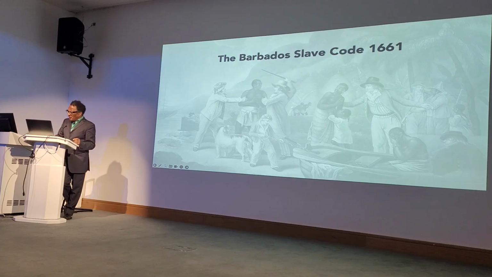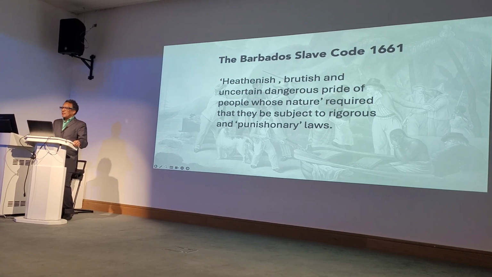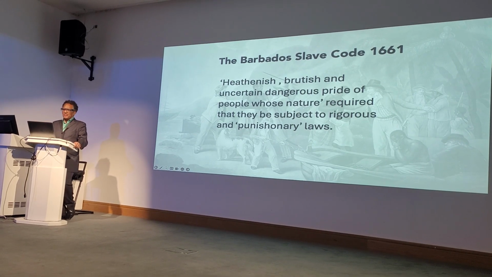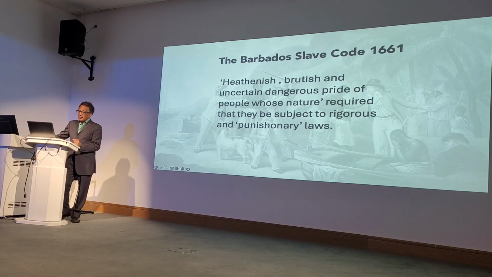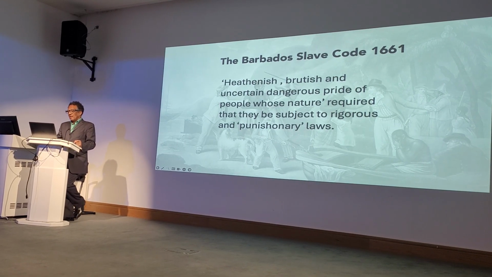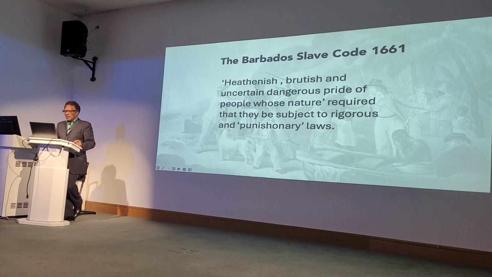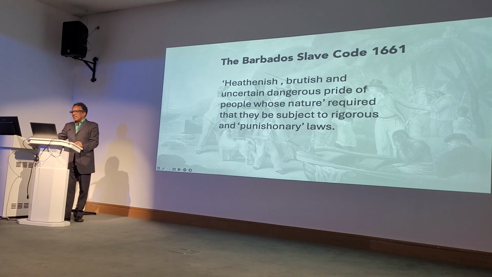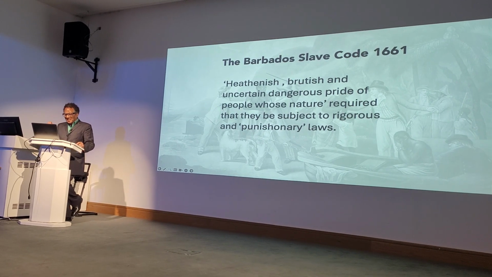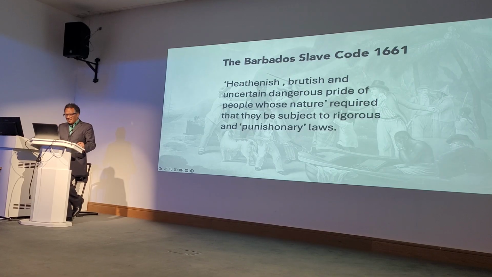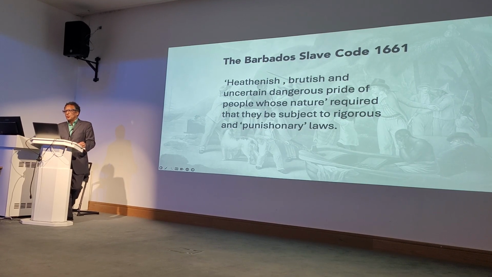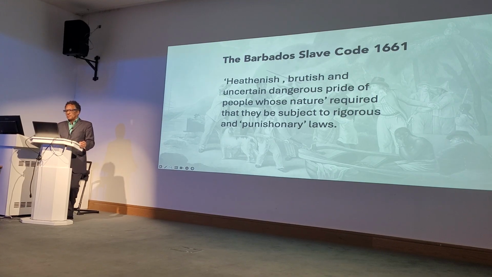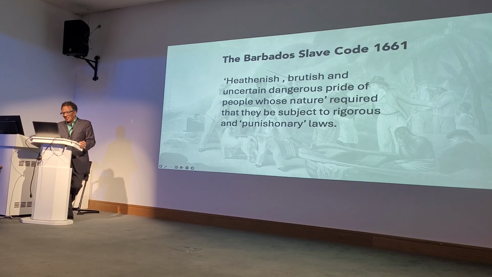But at the same time, Britain wrote the most heinous, the most brutal slave code in the colonies, and it was copied in the southern states of America. Here is a quote from it: a heathenish, brutish, and uncertain, dangerous sort of people, whose nature required that they should be subject to rigorous and punitive laws.